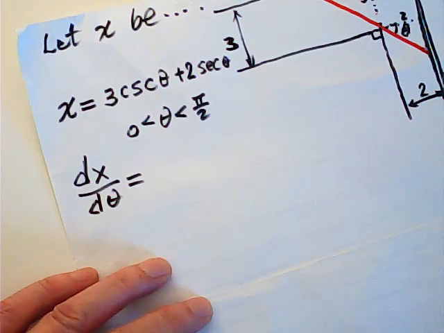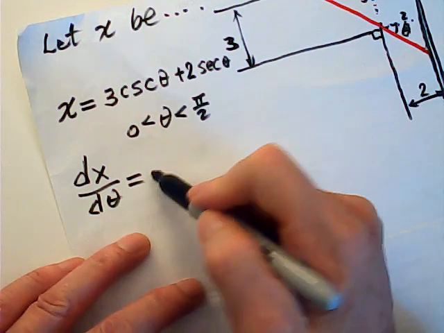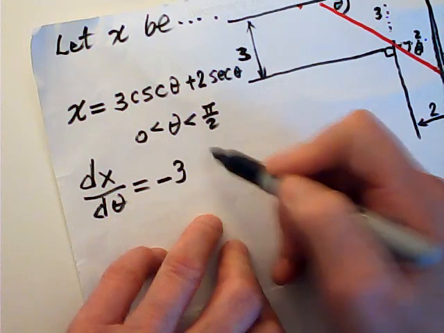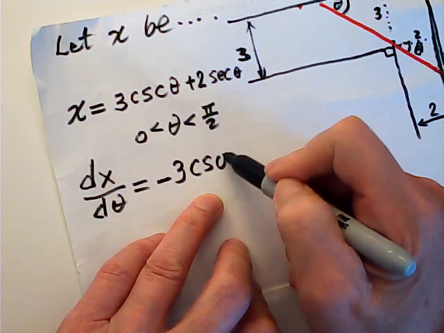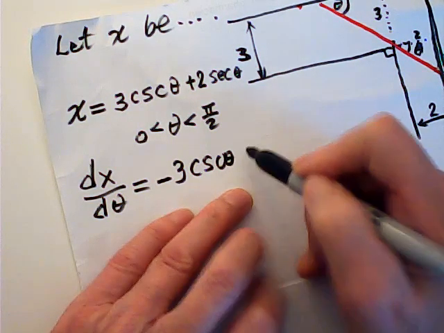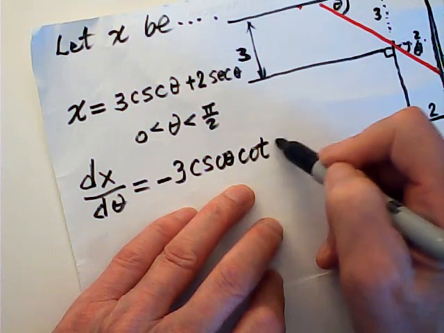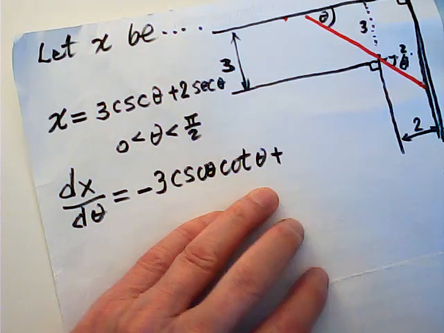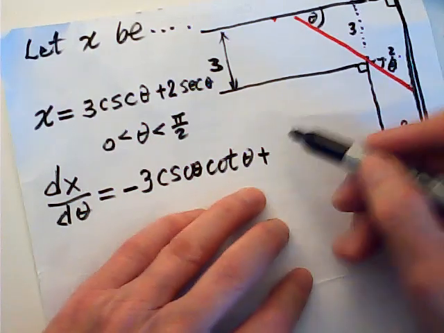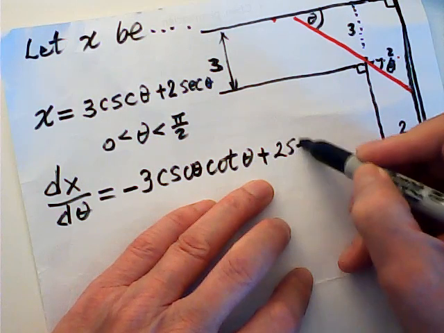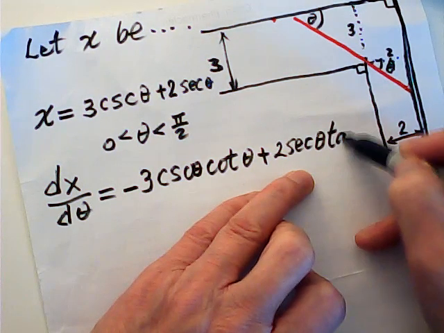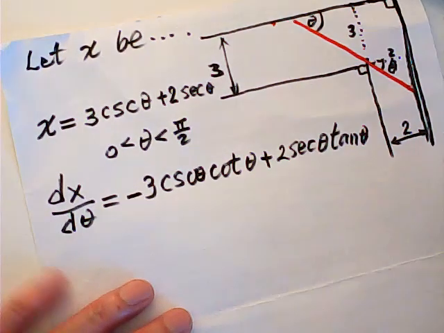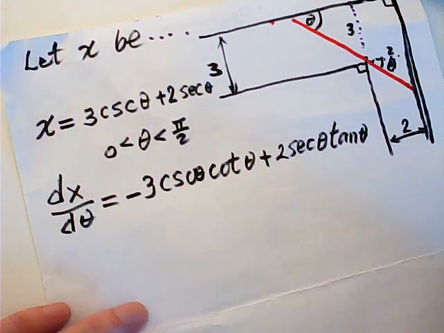is equal to negative 3 cosecant theta cotangent theta plus 2 secant theta tangent theta, since the derivative of secant is secant tangent.